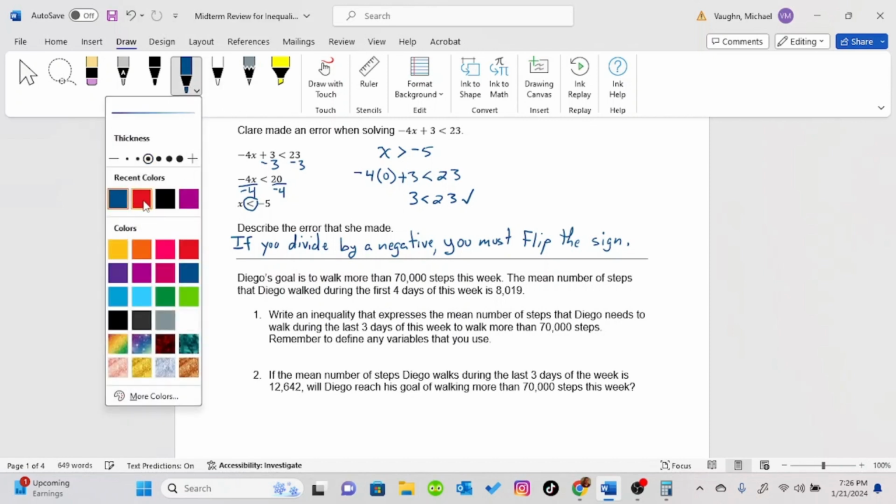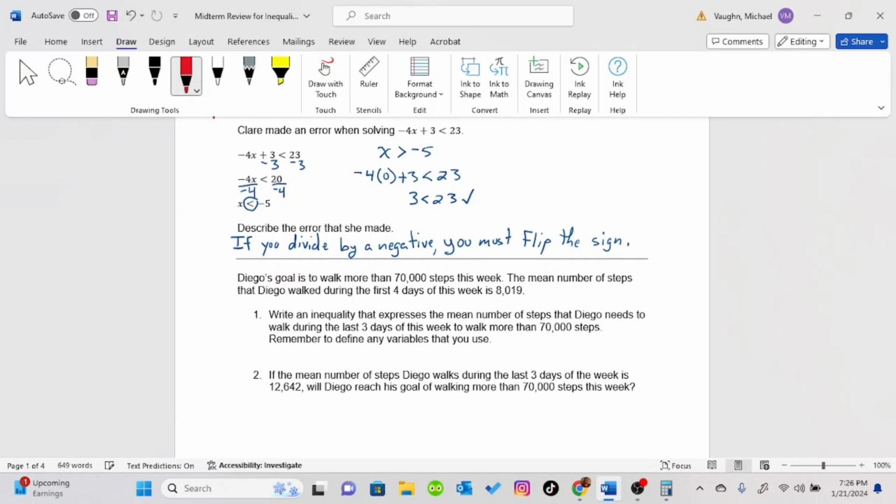If we had forgotten to flip the sign like Claire did and say that x is less than -5, then we could try a number such as -6. -4 times -6 is 24.